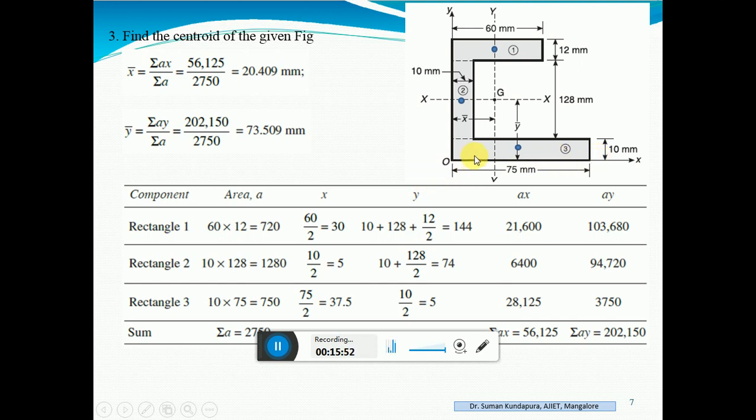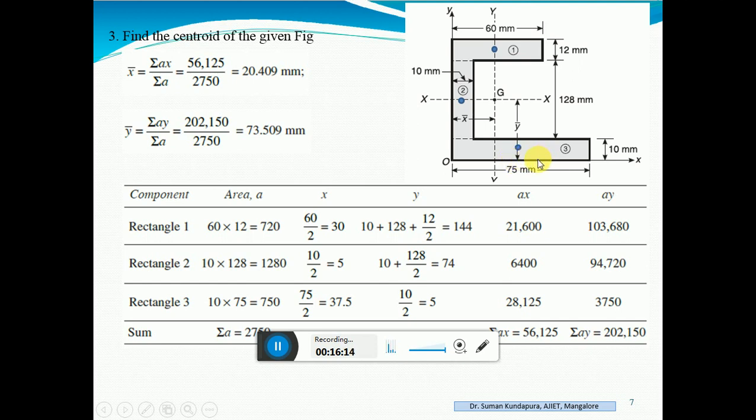Why have they plotted this y and x axis outside the section? Because you do not know where the CG will be lying for the entire section. So they have plotted it here. Where x bar and y bar lie we can see after finding them out.